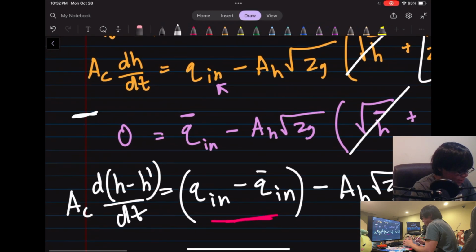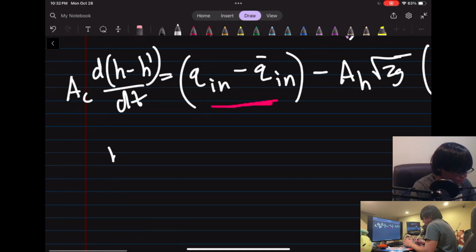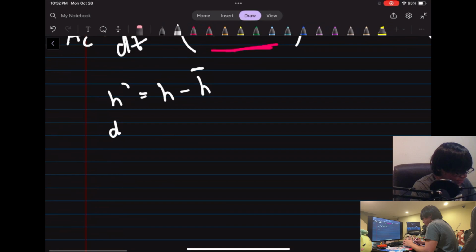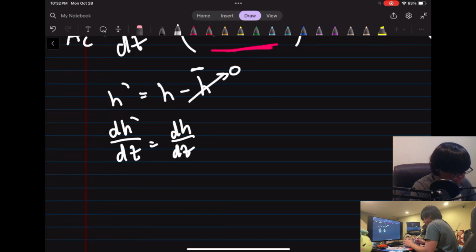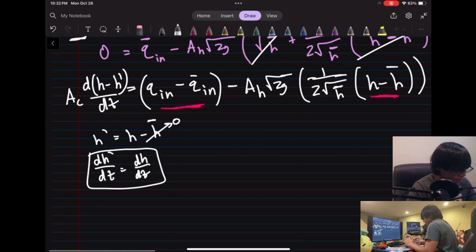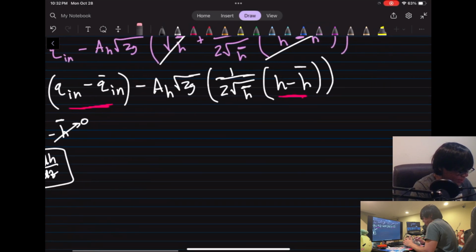The reason I can do that is that h prime is h minus h bar. If I take the derivative of this, it's the exact same, since you take the derivative of h, and h bar is a constant, so it goes to 0. They're actually the exact same. That's why I can do that. And now, erase that.